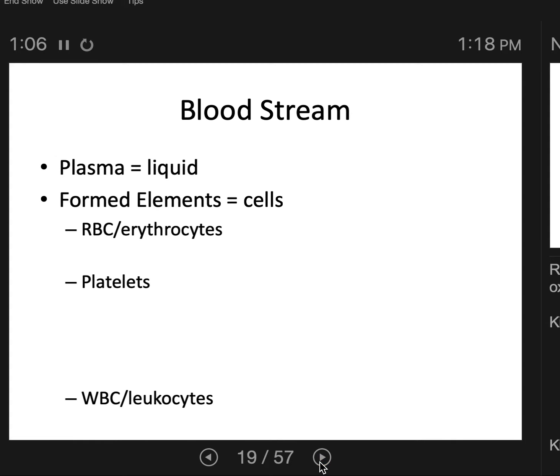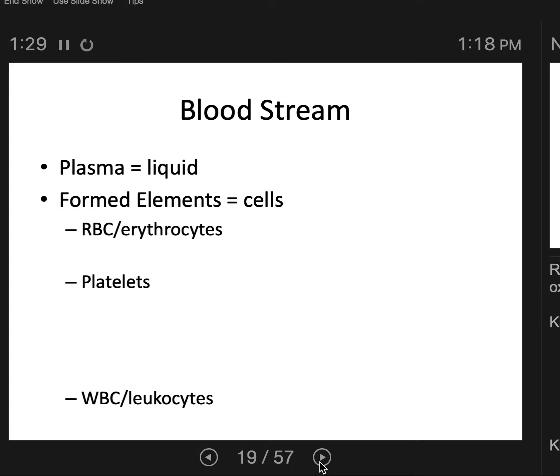So let's put all this together. Let's scale out now to blood. Let's talk about the bloodstream. In your veins and arteries, you have this liquid in which everything else is floating, and that liquid is called plasma. Plasma has a lot of stuff dissolved in it. It's got all kinds of proteins dissolved in it with different functions, some immune, some not.